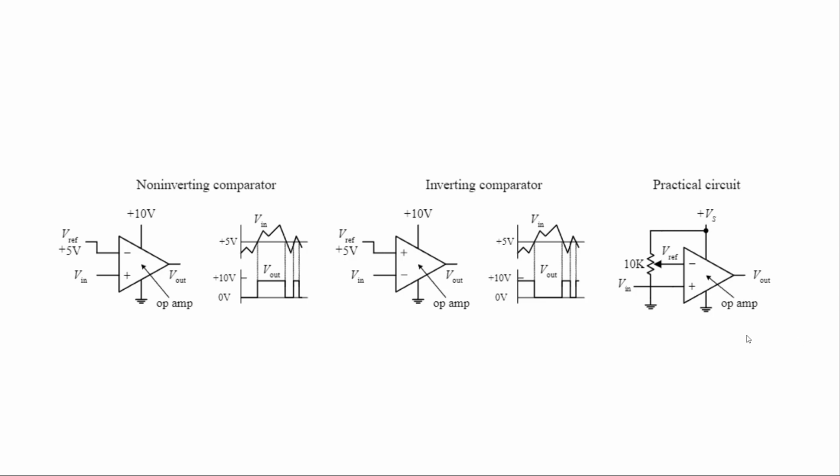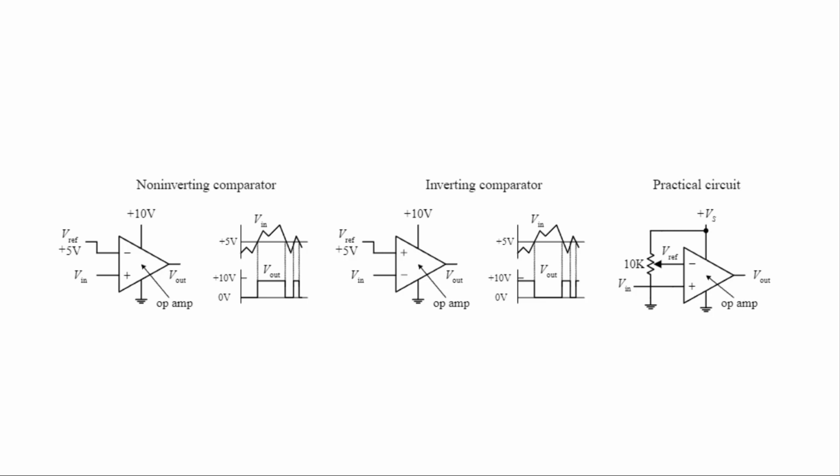Another more popular method for comparing two voltages is to use a special IC called the comparator, like right here. A comparator, like an op-amp, has an inverting input, a non-inverting input, an output, and power supply leads, and its schematic looks like an op-amp as well.